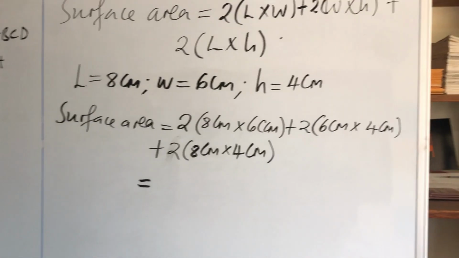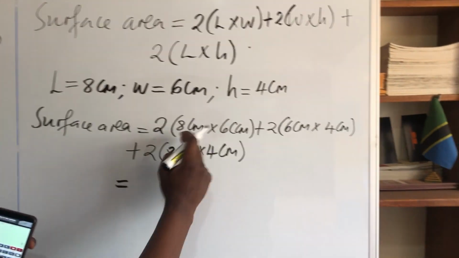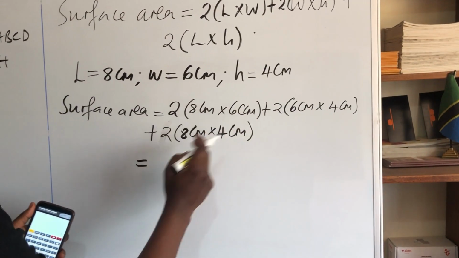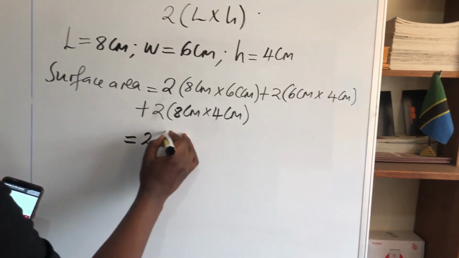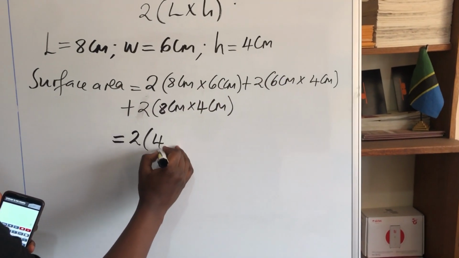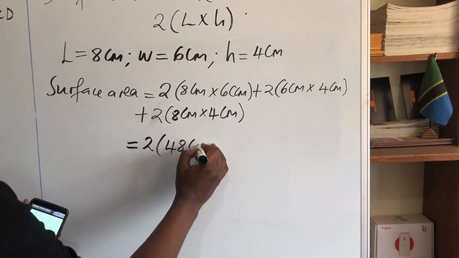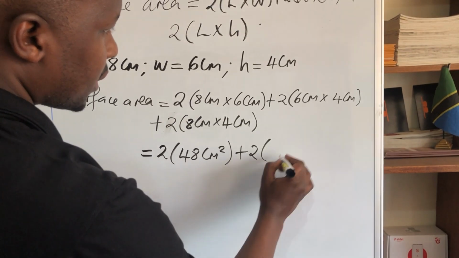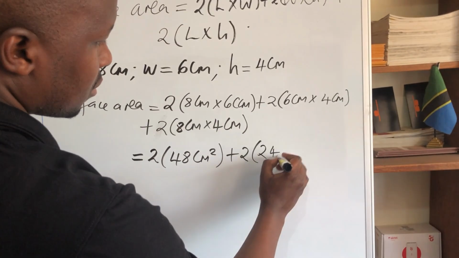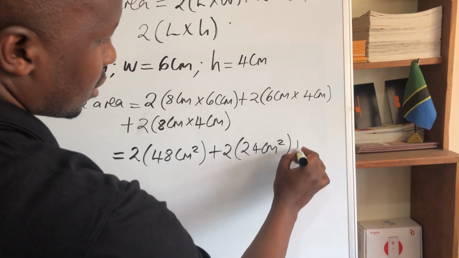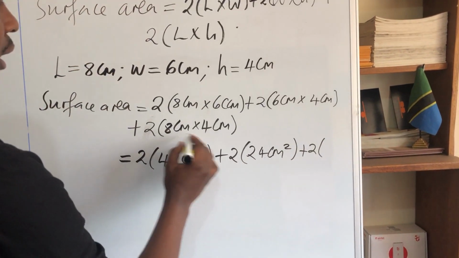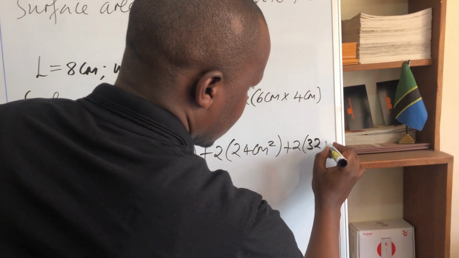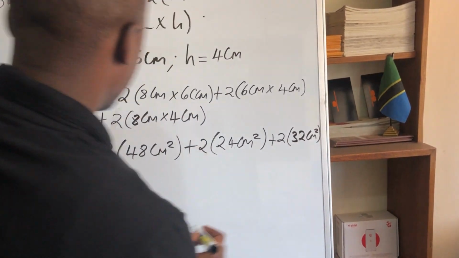Now, so we start by multiplying the terms inside. So here will be 2 brackets, 8 times 6 is 48, centimeter and centimeter will be centimeter square, we plus 2 brackets, 6 times 4 is 24 centimeter square, we plus 2 brackets, 8 times 4 is 32 centimeter squares, bracket.